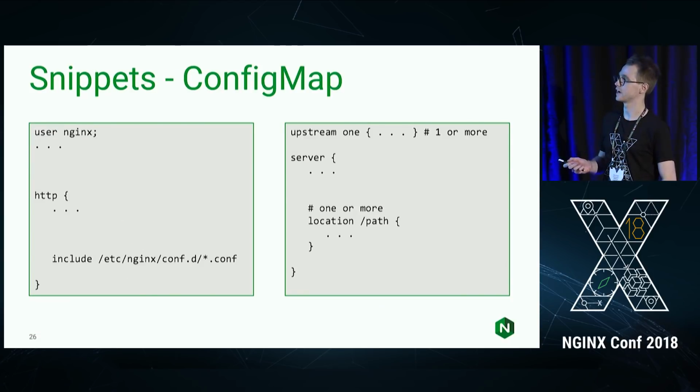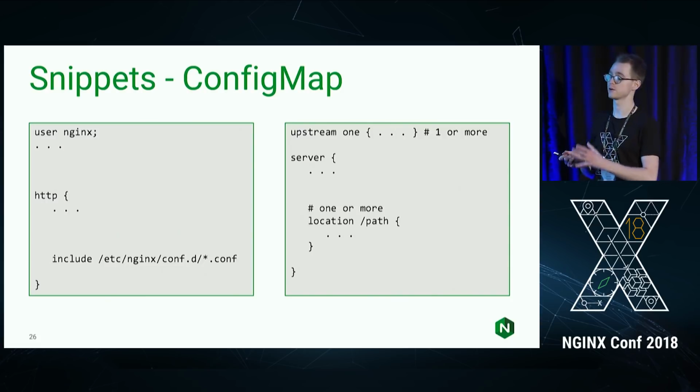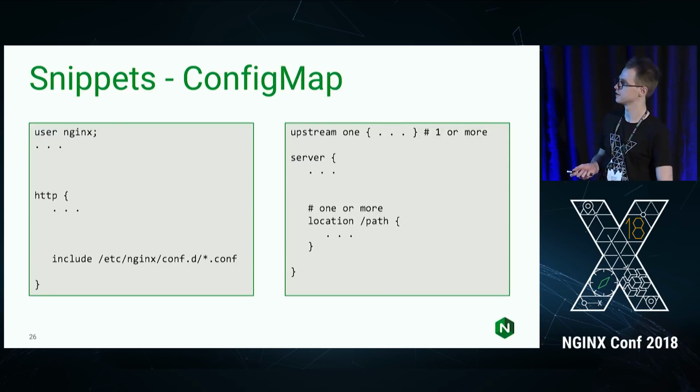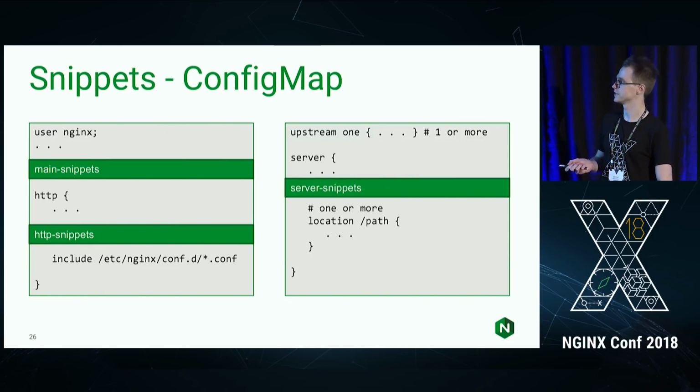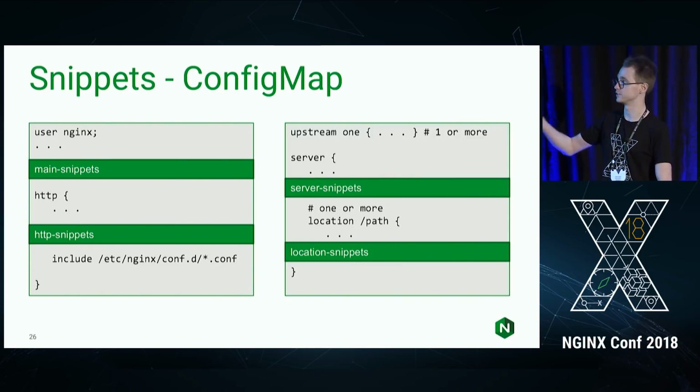So this is now the advanced part. There is a special kind of ConfigMap keys and annotations called snippets. With snippets, you can insert the raw NGINX configuration into different contexts of the generated NGINX configuration: the main context, the HTTP context of the main configuration files, the server context, and the location context of the Ingress configuration files.